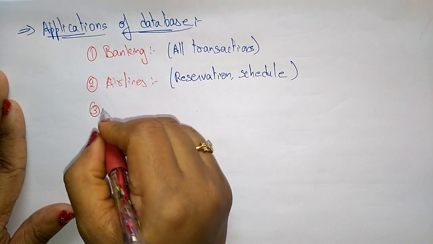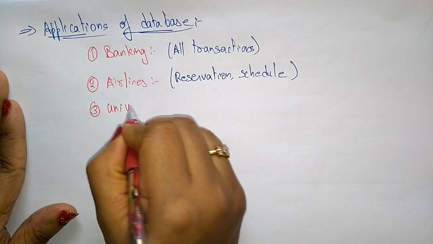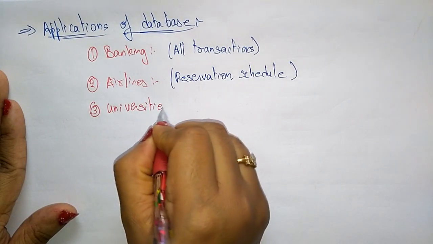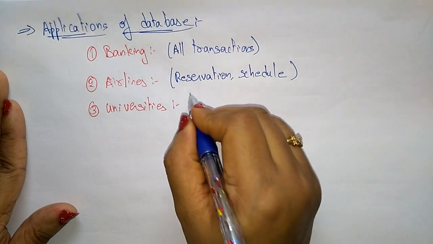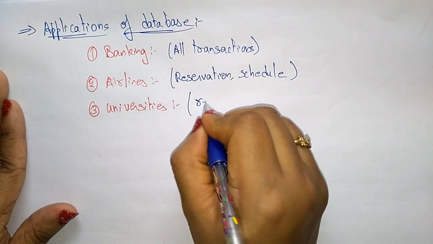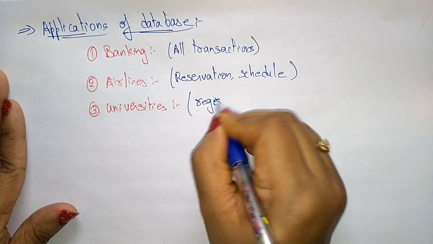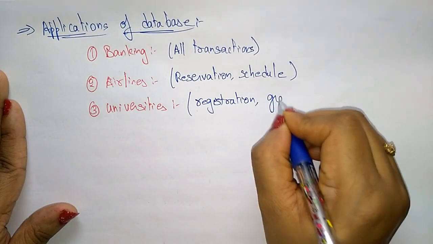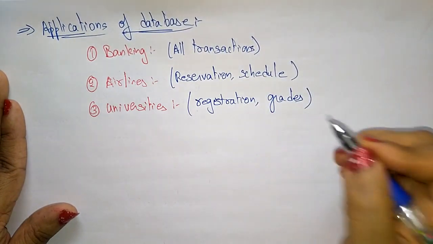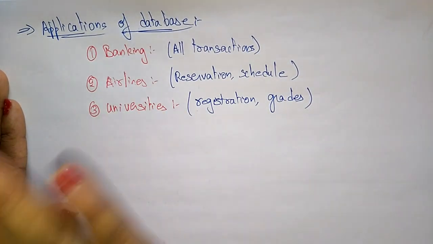Next application, in universities. So in universities also the database management system will be used. For registrations of the students or staff or whatever may be, and for calculating the grades and the marks and the information of a student, we require the database.